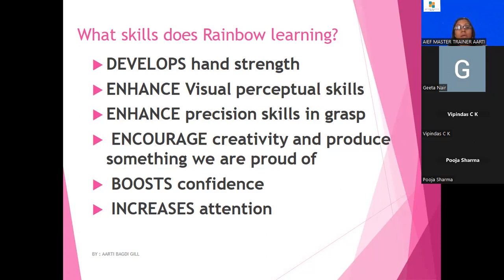If I'm saying whatever I have made on the board, just copy it the same way, that is where I feel precision should be there, right? It is for the things which are actually meant to be that way only. If I have made a particular diagram, it should be in that triangle shape only. It should not hold any circle shape. So that is to be enhanced by this rainbow learning approach.